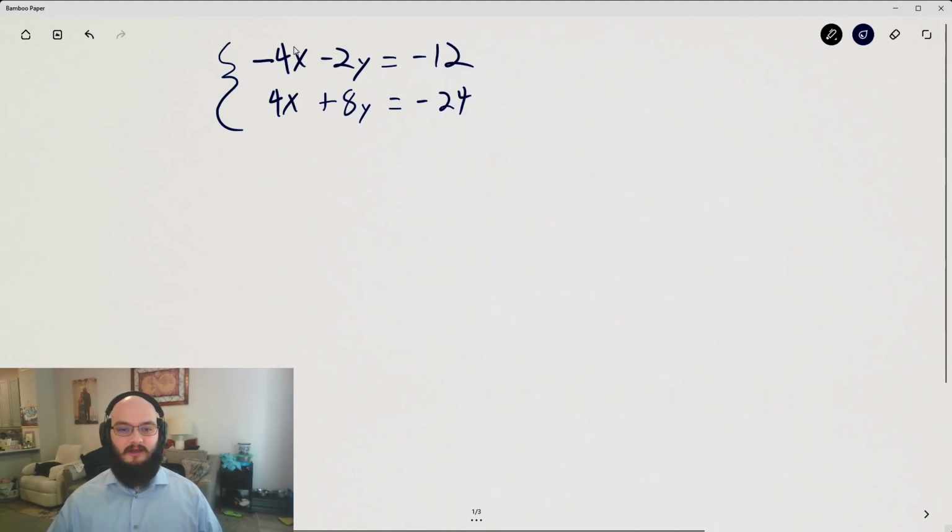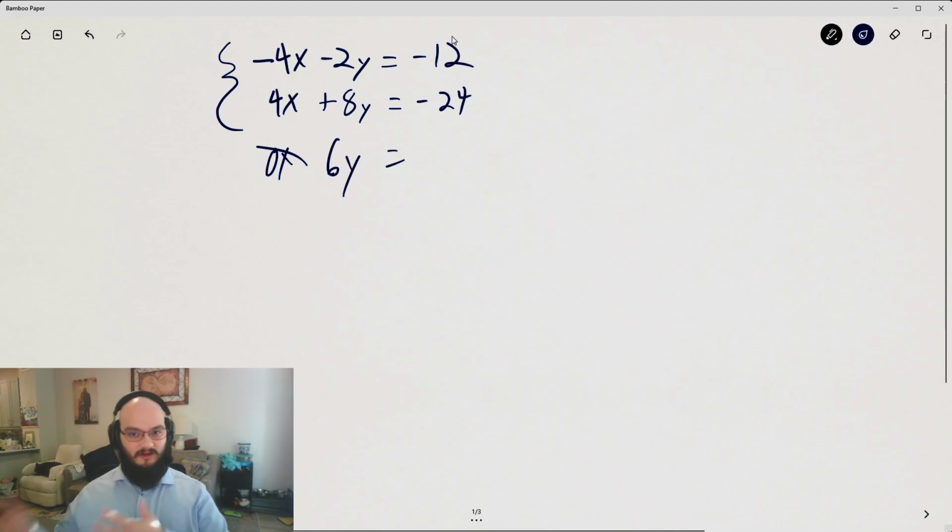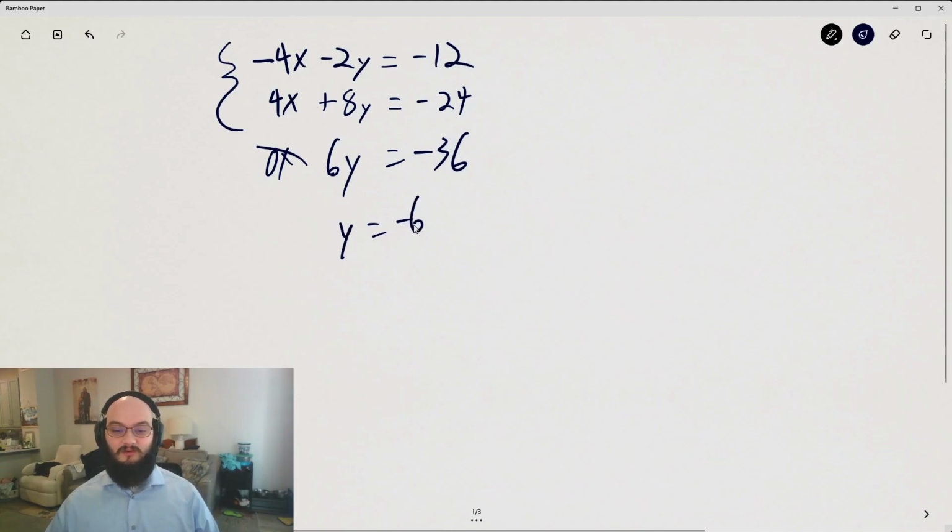So let's do that. -4x plus 4x is going to be 0x's, which we'll disregard. Then we have -2 plus 8 is going to be 6y. Adding our constants together, we have -36. From there, divide both sides by 6 so we can isolate y. Y is equal to -6.